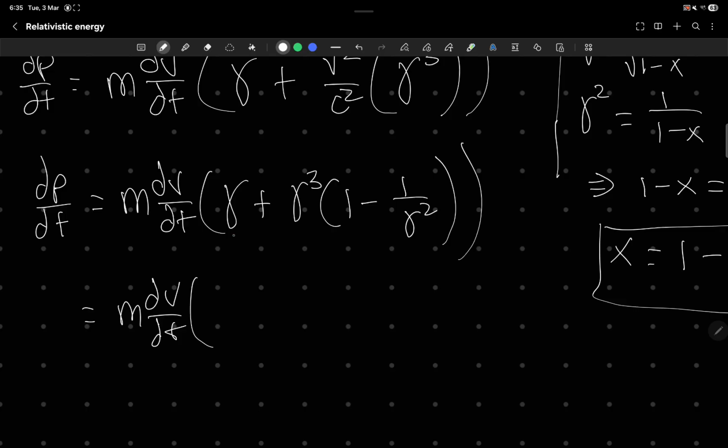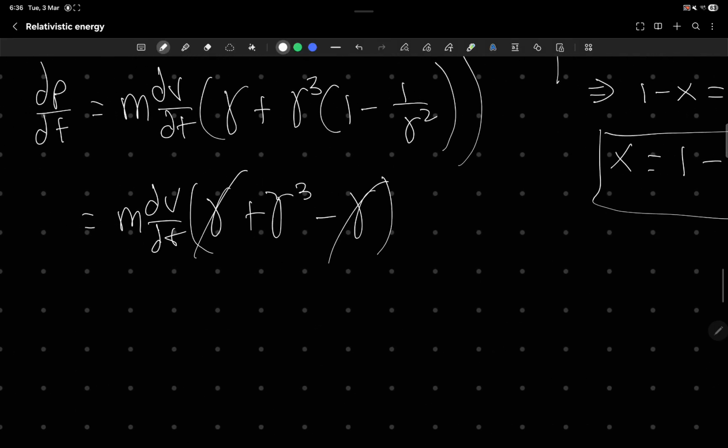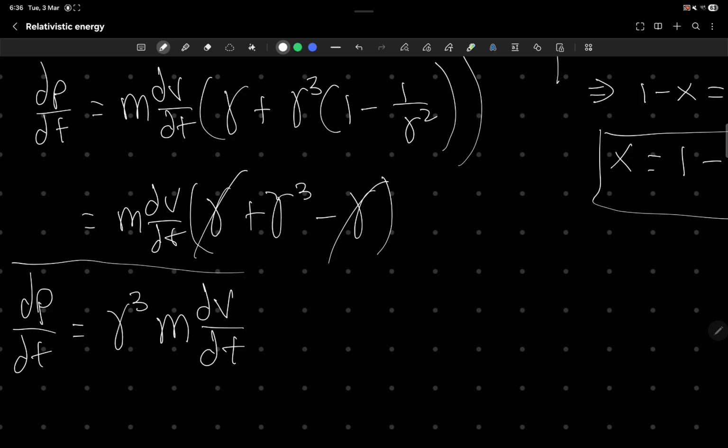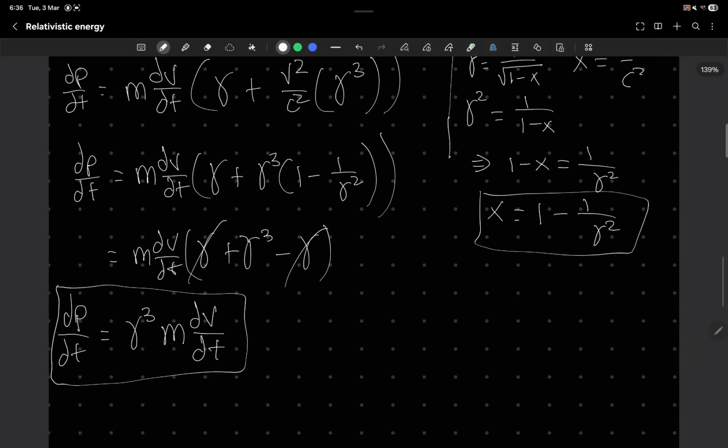So we're just going to get a plus gamma and a minus gamma, and those will cancel out. I'll write it out fully though. And so this and this will just cancel. And so we've found successfully dp by dt equals gamma cubed m dv by dt. Nice, nice, nice. Okay, cool. I feel like we're getting somewhere.